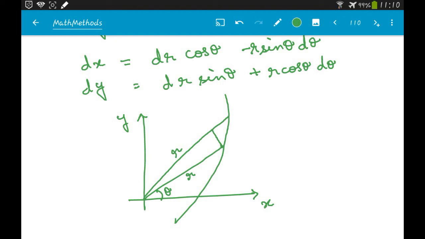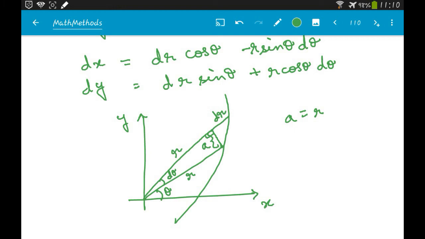So now there is a change from theta to d theta, and there is a change over here which is dr. Now you can see this length, let's call it a. This is a 90 degree angle, at right angles.